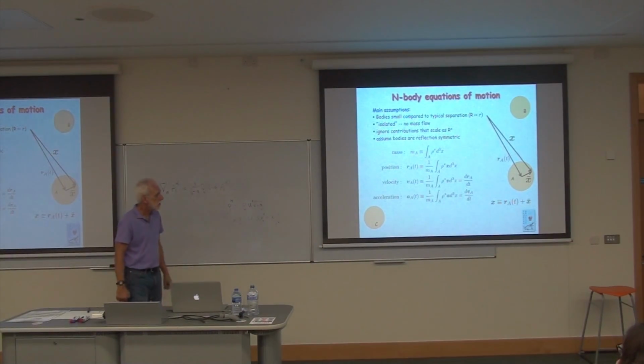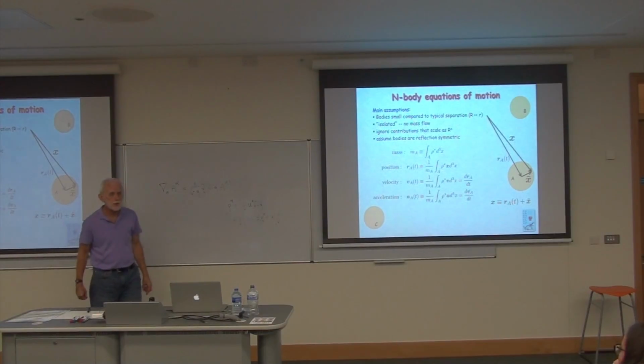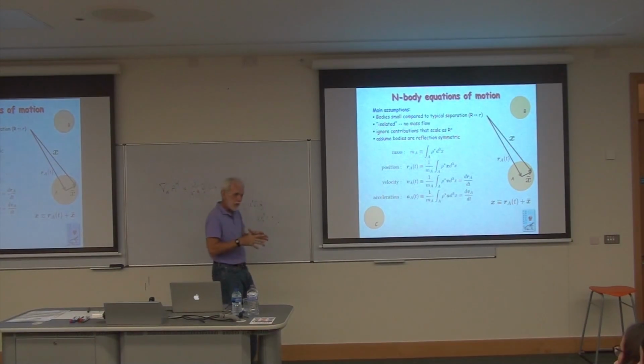It's a huge amount of work that has been put into this with an answer that is totally inconclusive. The trouble is it's extremely difficult to define the center of mass of a body in general relativity in a rigorous and fully covariant and pristine way.